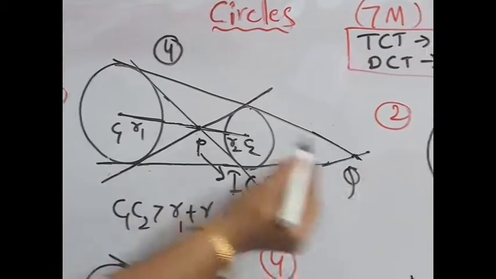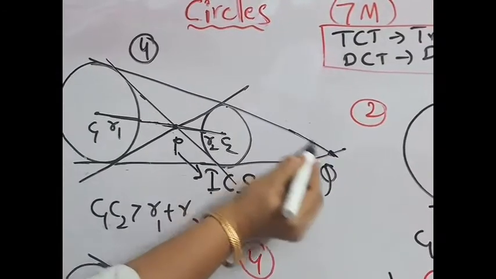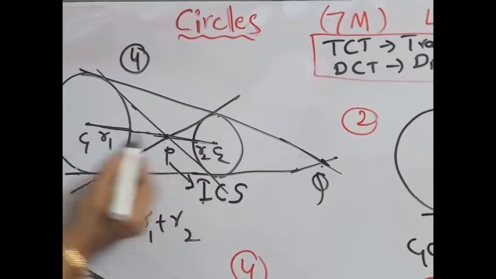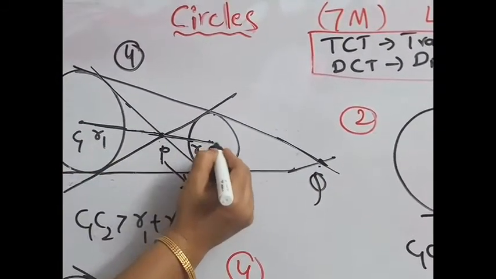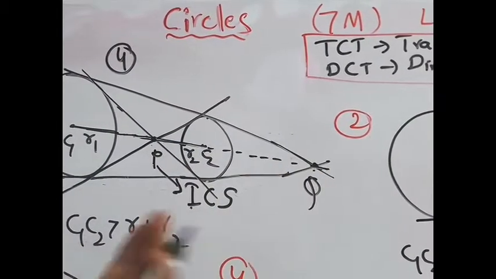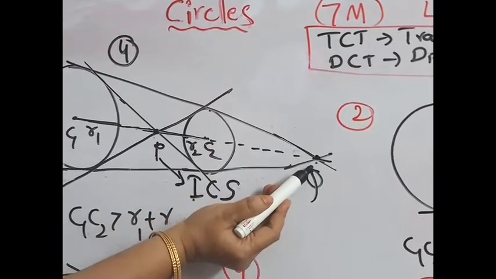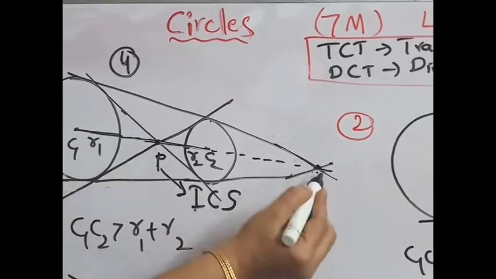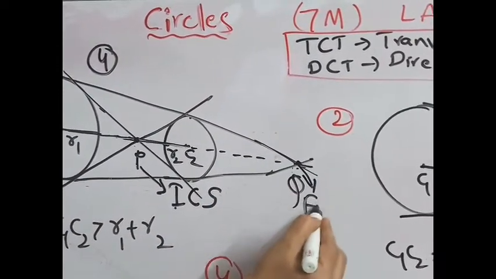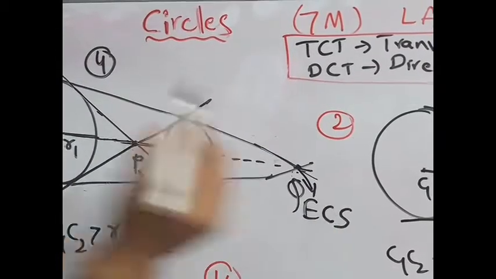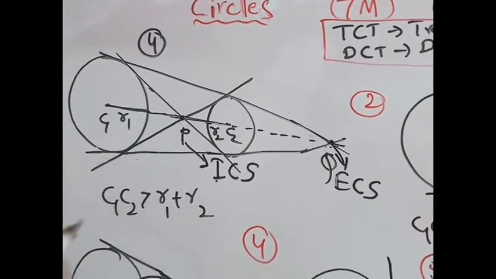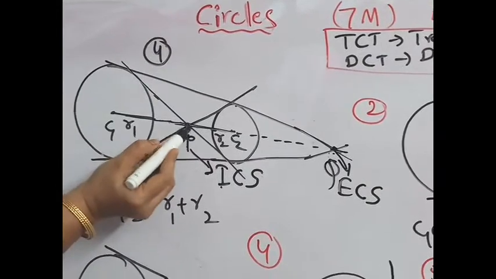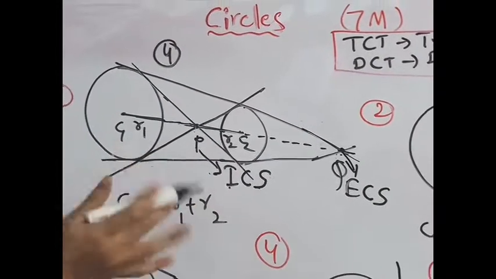In the same way, this is also a point of intersection of two tangents, but this is not on the line segment C1C2. This is on the extended line C1C2, right? Simply, the point of intersection which is not on the line segment C1C2 is called the external center of similitude.